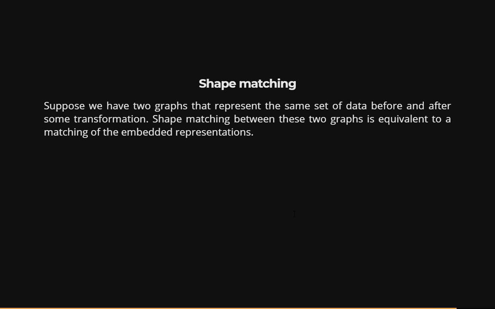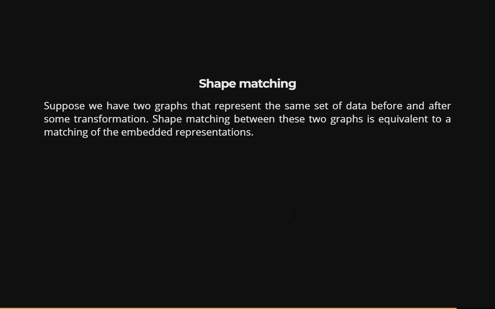And if you have two graphs which represent the same set of data before and after some transformation, you can try and match the pieces of the data set before the transformation with the pieces of the data set after the transformation. So, for example, you have the 3D coordinates of points of an object, which is not one solid block, but its pieces can move in some ways.